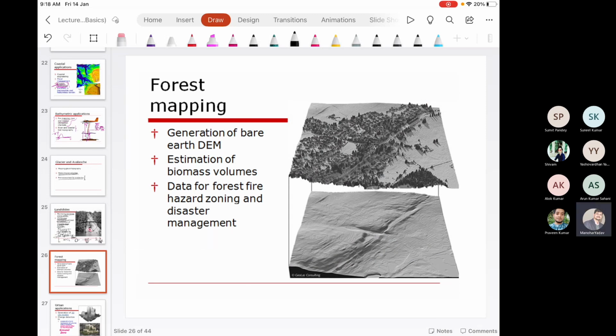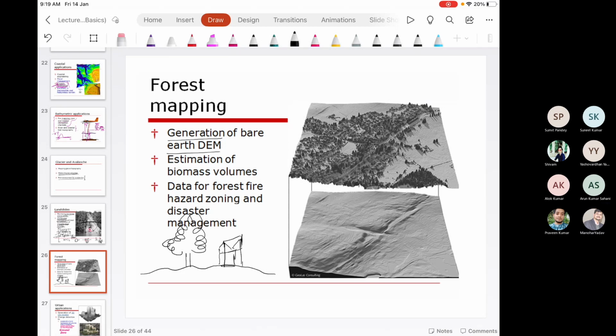Now further, this LiDAR technology is useful for forest mapping, where we can generate DEM and then extract the trees, as I discussed before. If you see the point cloud data, if I plot the cross section here, there could be houses and there could be a tree.